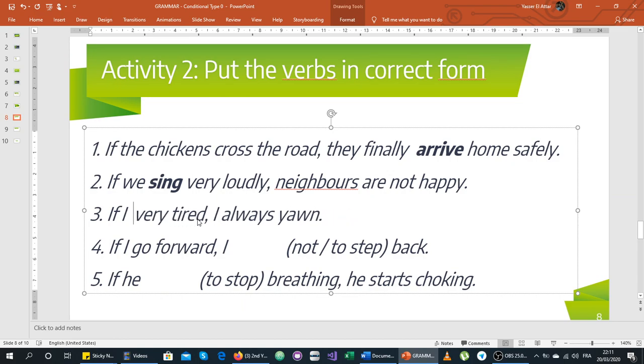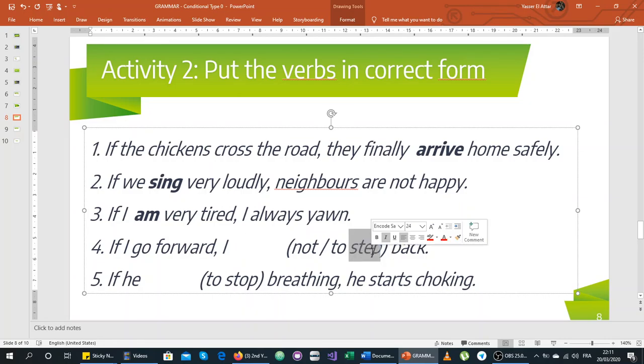It's very simple, you studied that in the beginning. So I am. If I am very tired, I always yawn. What is yawn? Like, yeah, that's a lot, I'm tired. That's yawn.